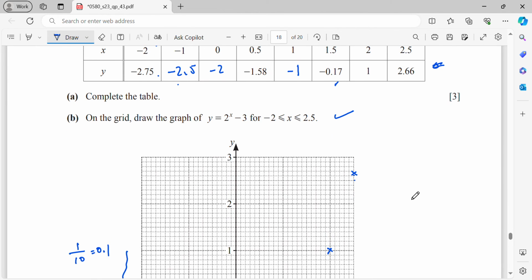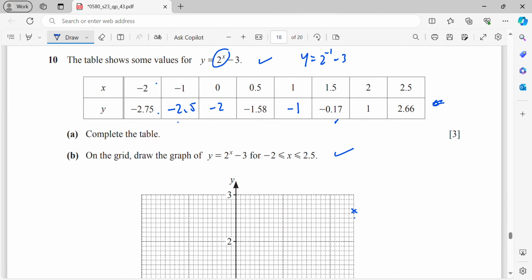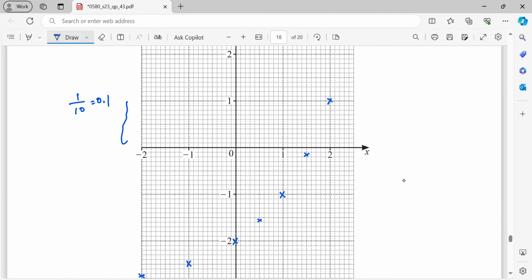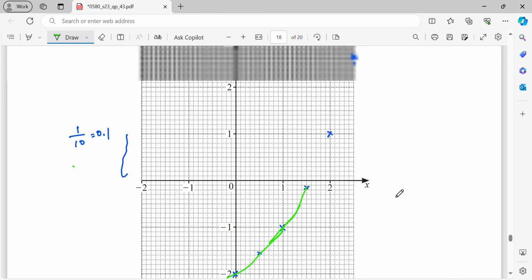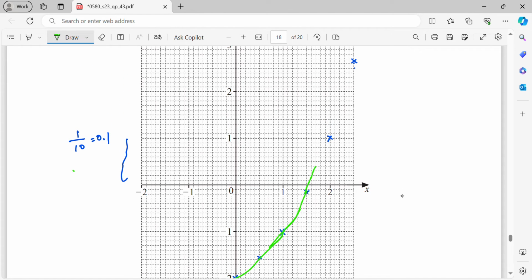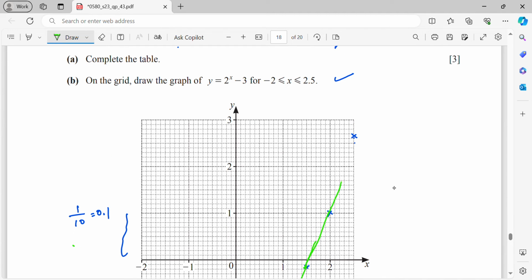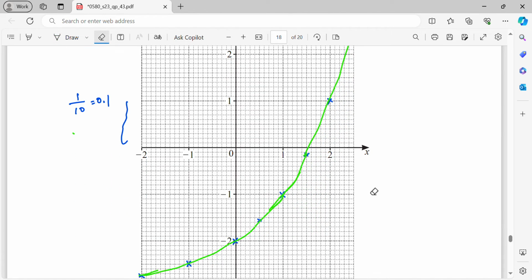Drawing all the points. This is not a straight line because the x is a power, right? It is a curve. So now just join the points. Draw a smooth curve.